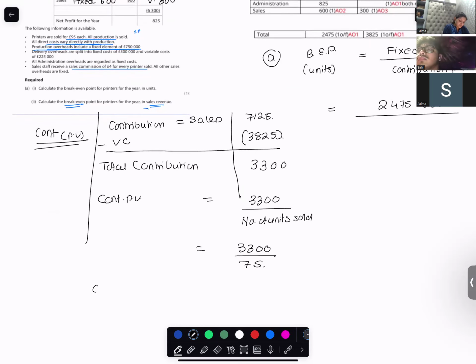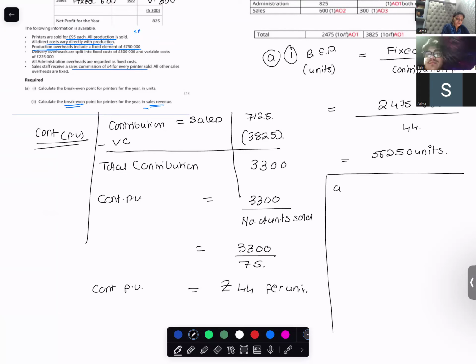What is the contribution per unit? 44. So break-even point in units will be, I have to divide 2,475,000 by 44, so it will become 56,250 units. Now this is your A part, A1.